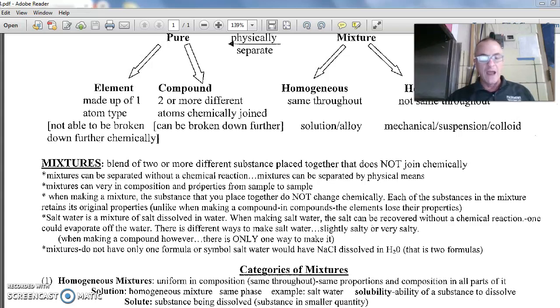When a chemical reaction occurs and you put two things together, and maybe they join to form something else, the new thing they form has properties entirely different than what you put together to make that compound. When you have a mixture, the things retain their properties. They do not change whatsoever.